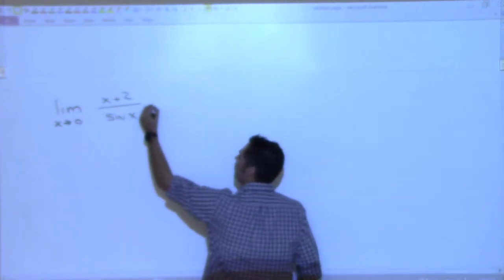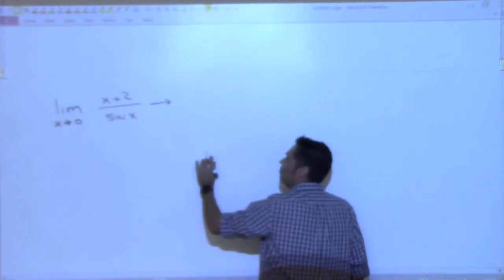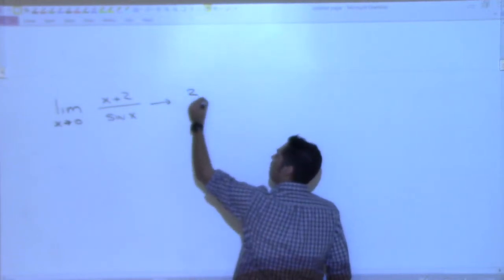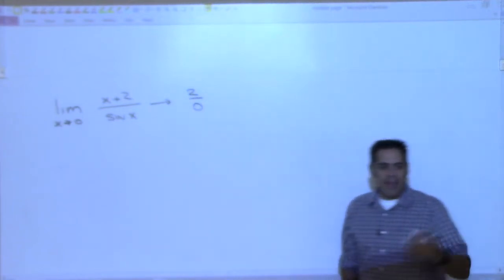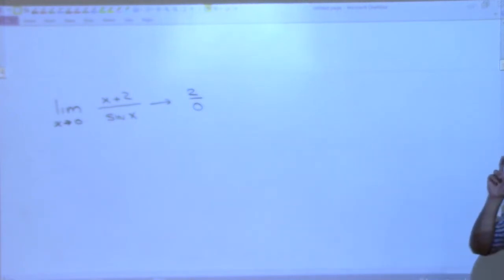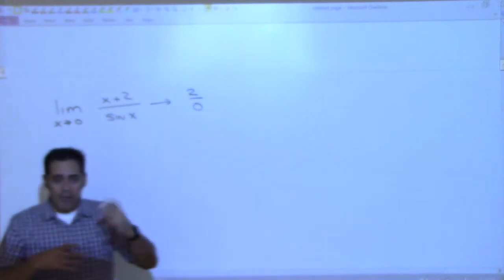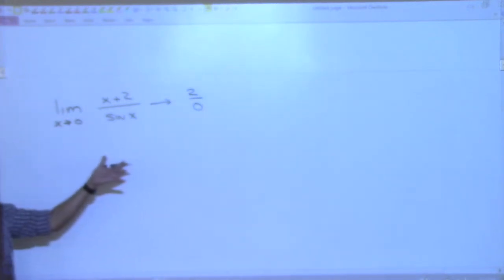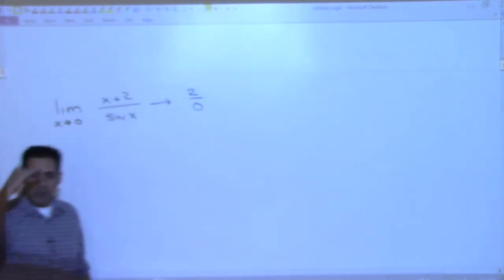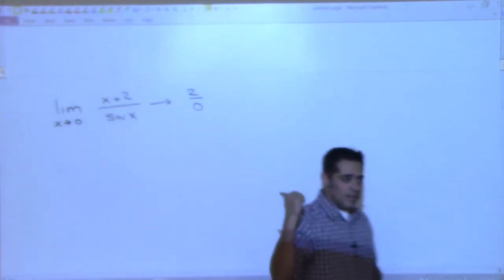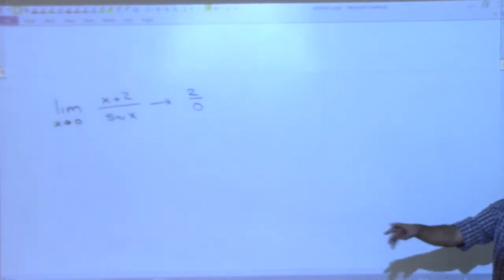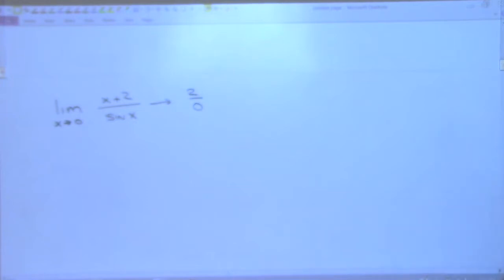Okay, so what do you get, Michael, when you just plug in? 2 over what? 0, right? Okay, and that's not bad. That's not that bad algebra thing anymore, right? So you don't use sine junk over junk if you've got this happening. You only use sine junk over junk when you have 0 over 0. So this falls into one of the 4 little things on the bottom left, okay?